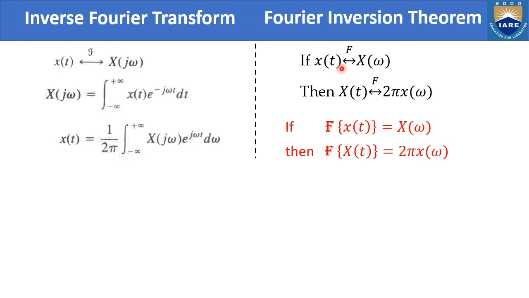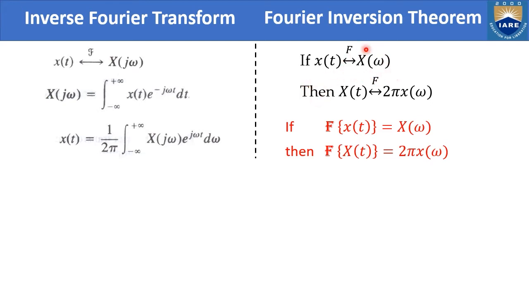Here x of t and capital X of omega form the Fourier transform pair. Then the Fourier inversion theorem says reverse the variables. So what are we doing here? t is replaced with omega, omega is replaced with t, and interchange the terms on the right and left hand side.